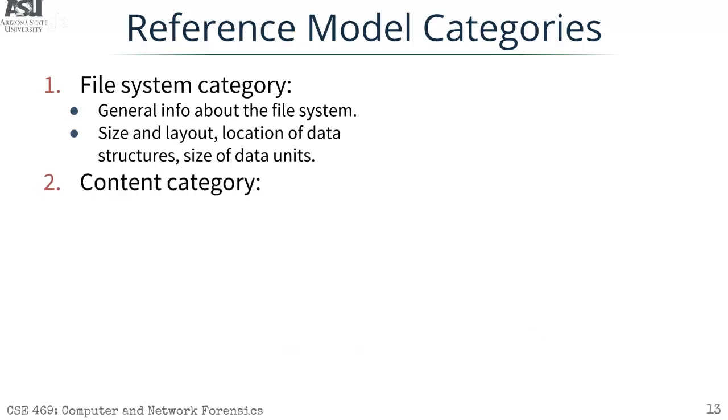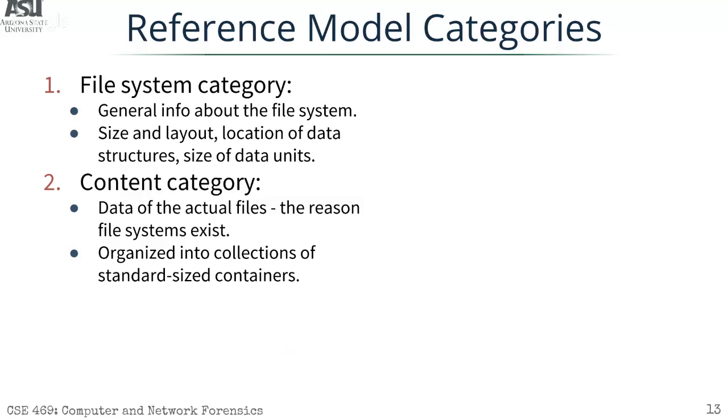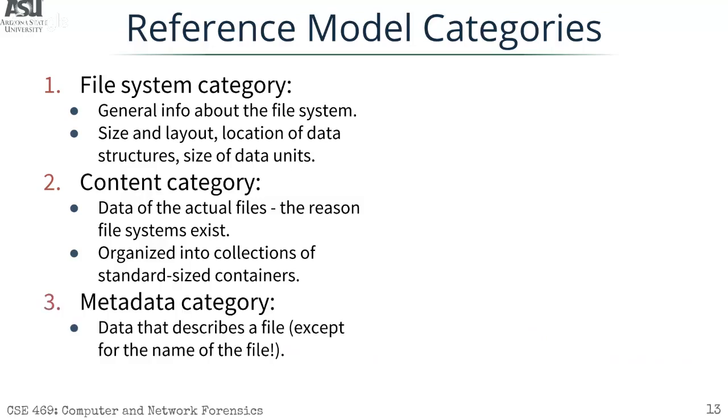Okay, the next category is the content category. This is the actual data of the files and the main reason for the existence of the file system, right? It is organized into collections of standard size containers. What I mean by that, we'll talk about more in just a minute, but blocks is really what we're getting at there. The third is the metadata category. We talked about that a lot last time.